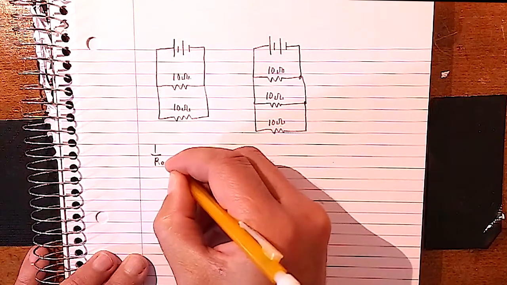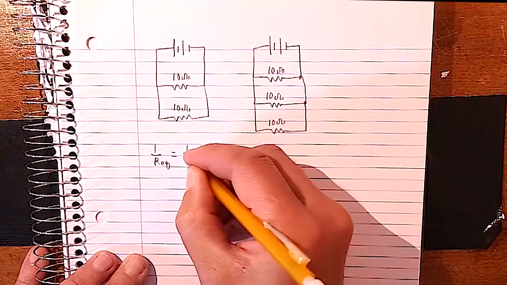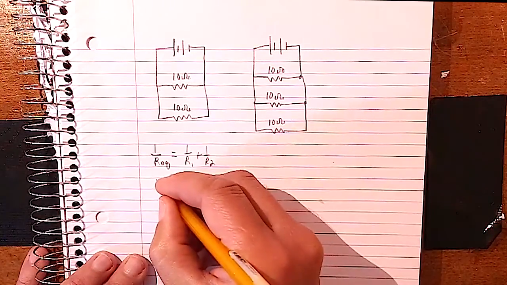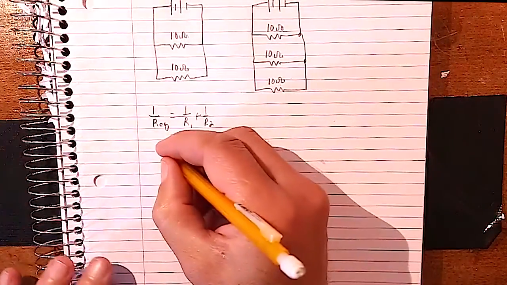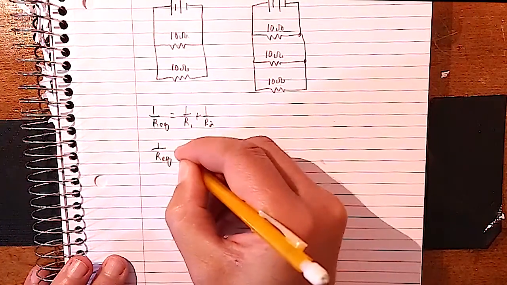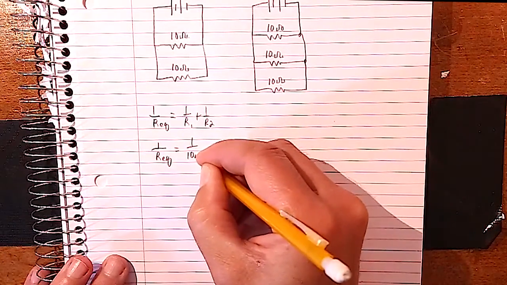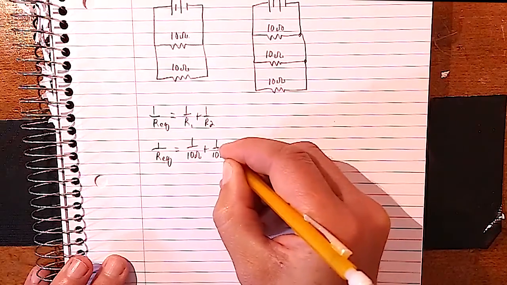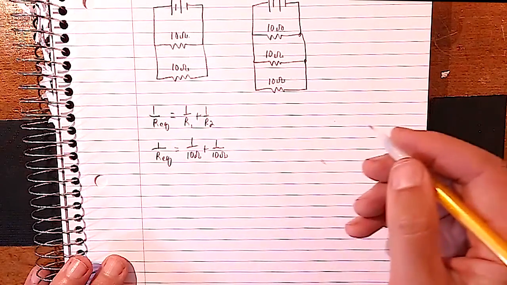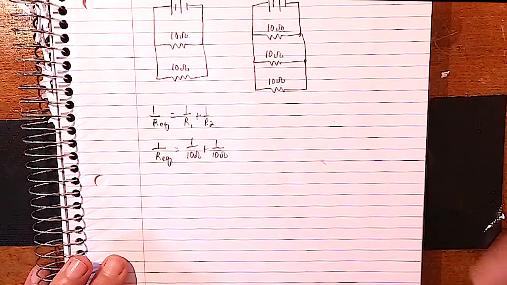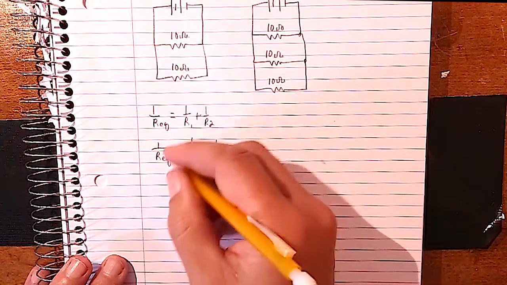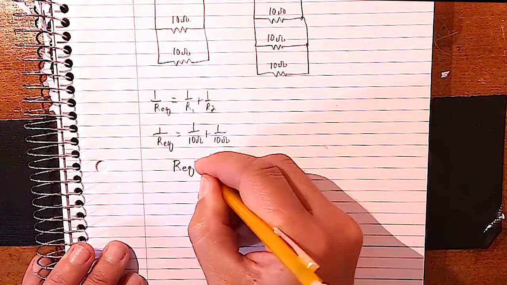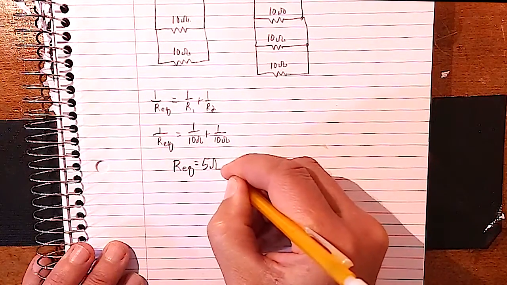So if we do 1 over Req equals 1 over R1 plus 1 over R2, and we put our numbers in, so we have 1 over Req equals 1 over 10 ohms plus 1 over 10 ohms. Then we do our x to the minus 1 buttons, and I would recommend trying this. You can pause the video and make sure you know how to do this rule because it's tricky. And when you do that, you get 5 ohms.